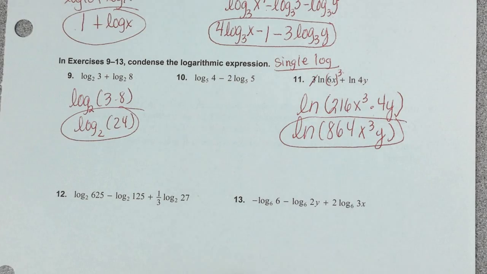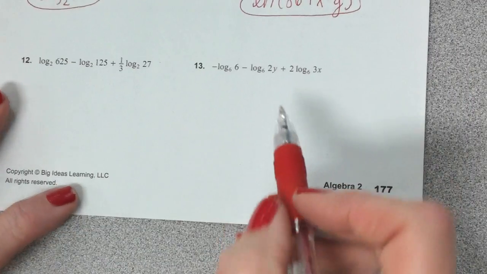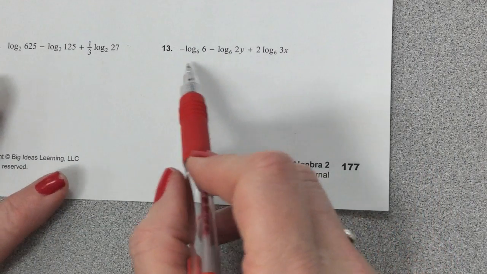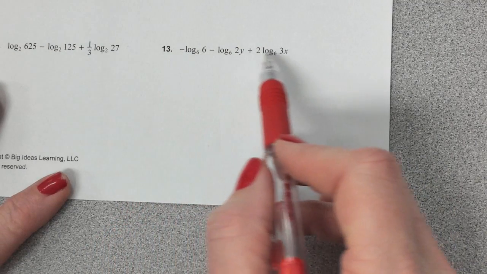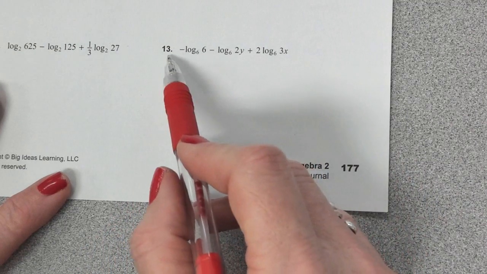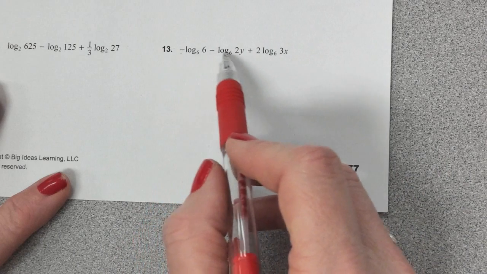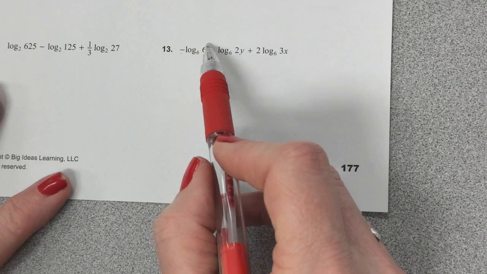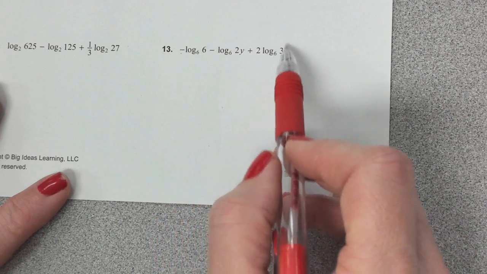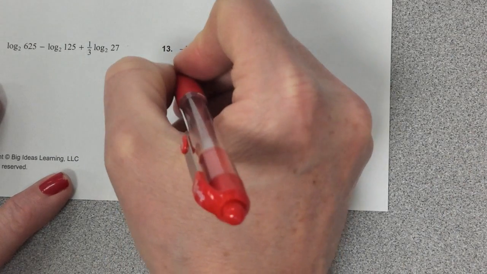All right, let's do one more. We'll do number 13. Again, we're trying to condense. Now, we might want to reorder these first, because you see how things are negatives? So if they're negatives, they have to go to the bottom. I could also make this to the -1 power if I wanted, but I think it's easier to write whatever's positive first.